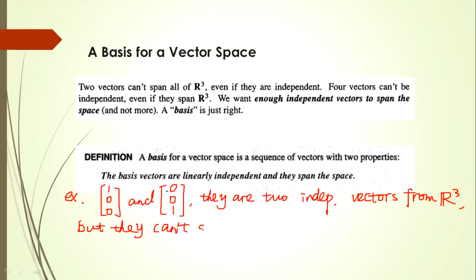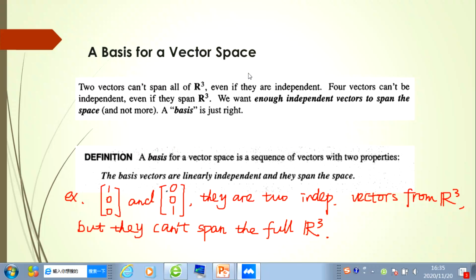Try to take note. Because two independent vectors are not enough. And in R3, any four vectors, or any n vectors where n is greater than 3, are dependent to each other. So that is the definition for the basis. Okay?